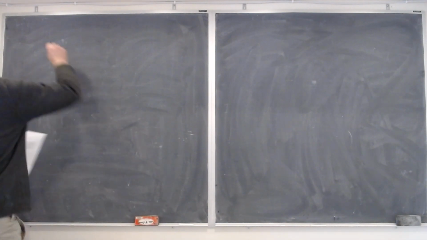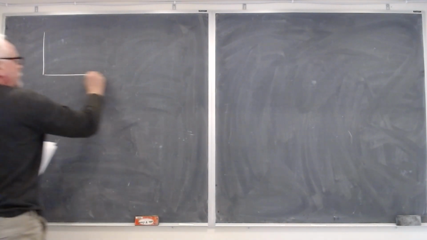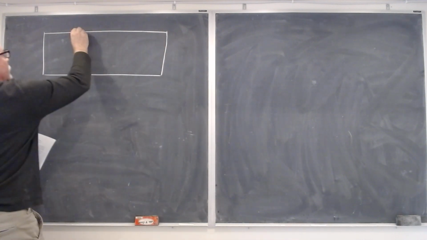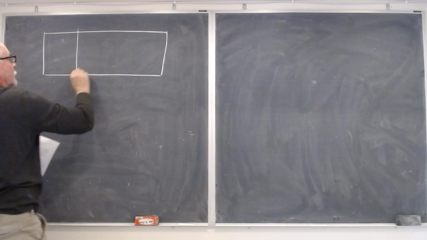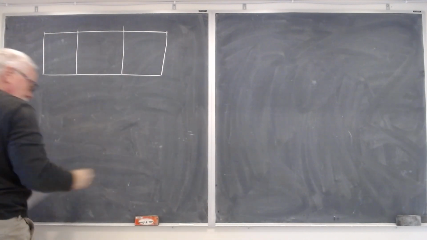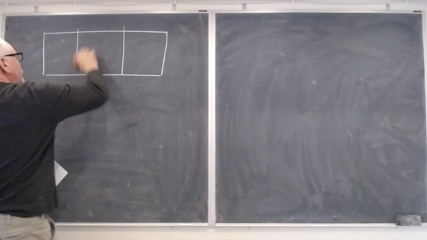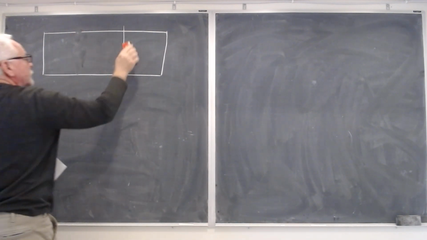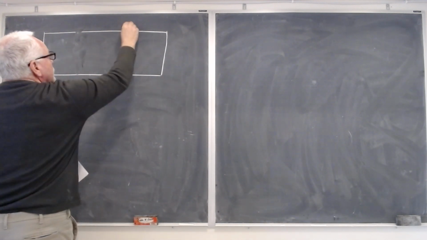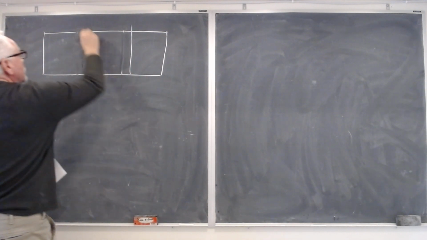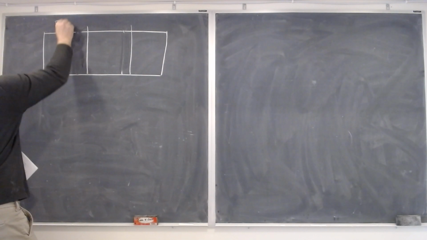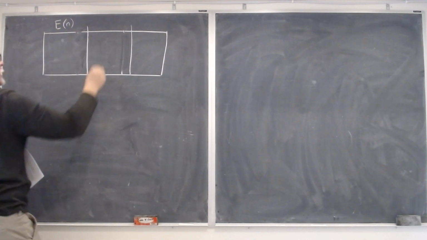So if we draw our bipolar transistor, all right, this is the emitter, and we're doing an NPN.